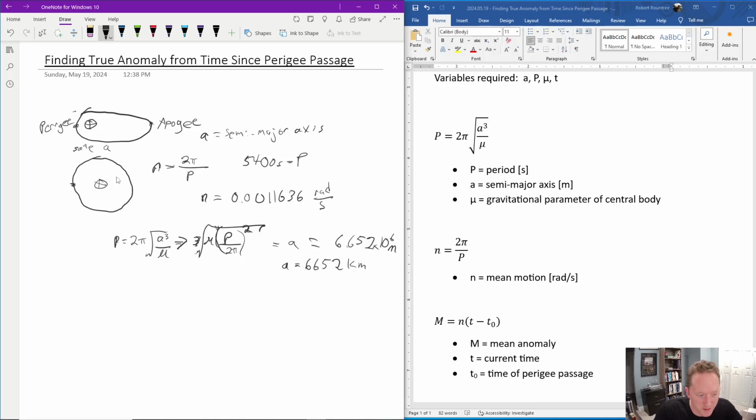So really, this is going to be pretty close to a circular orbit anyway, because you're so low here. This is only less than 300 kilometers in altitude, but we can go ahead and use these numbers just for fun, and I'll make the orbit slightly eccentric.